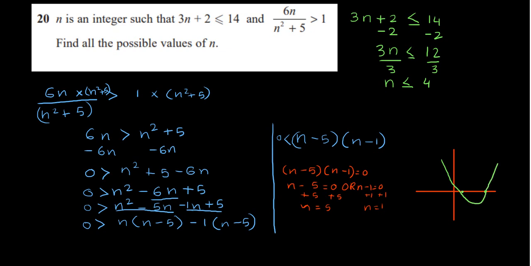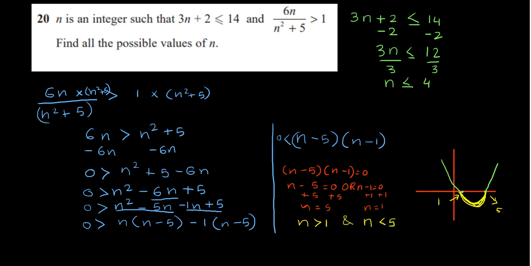Okay, but because the inequality says it's less than 0, I need to find the region which is below the x-axis, which is over here, right? And remember, that point was 1 and that point was 5. So to be in this yellow region over here, n has to be greater than 1, but it also has to be less than 5.